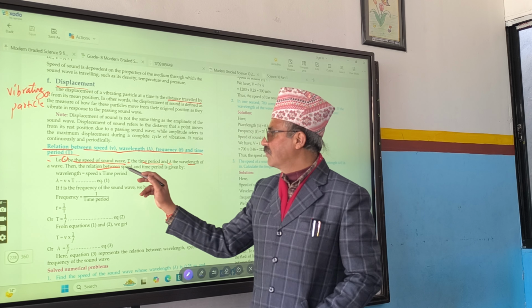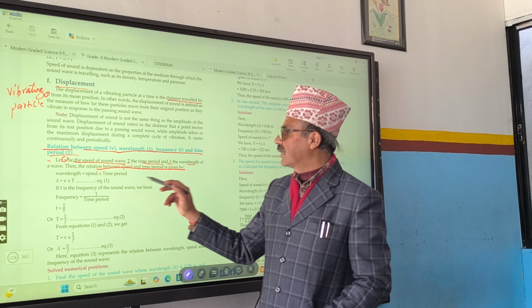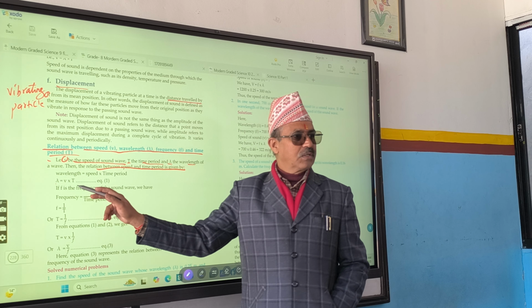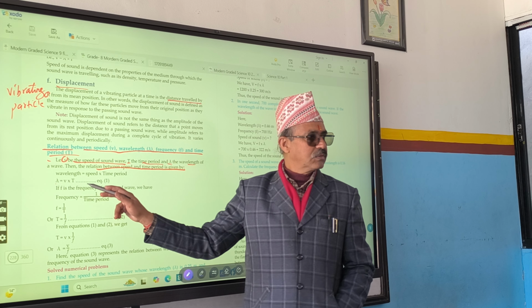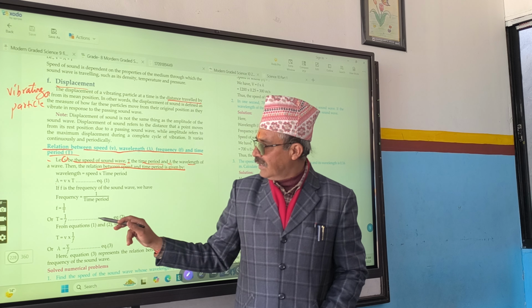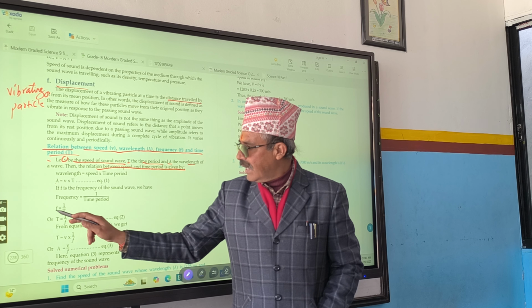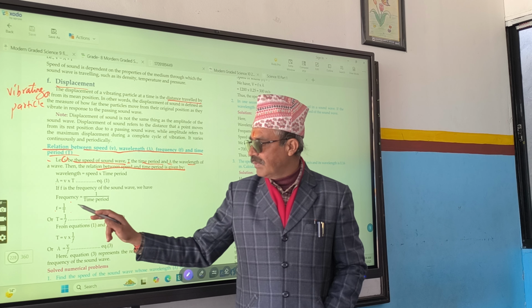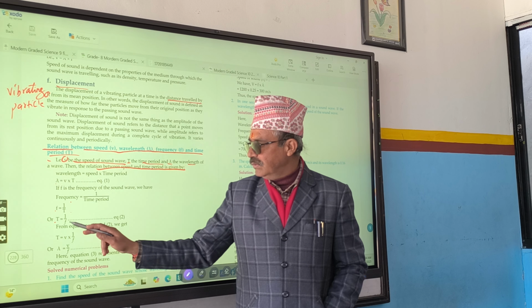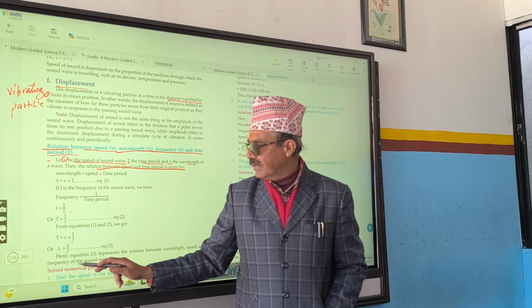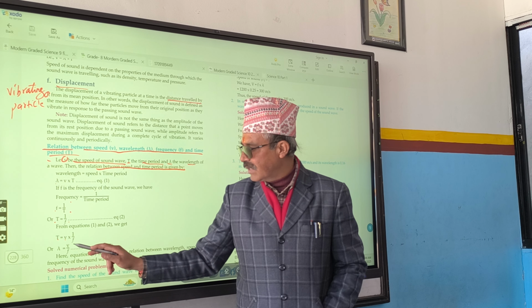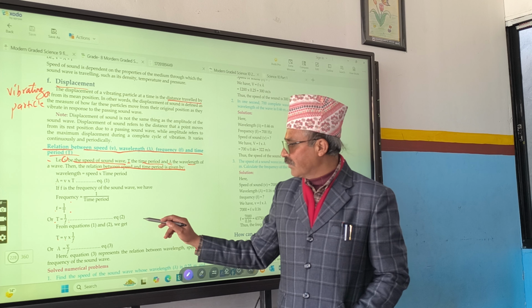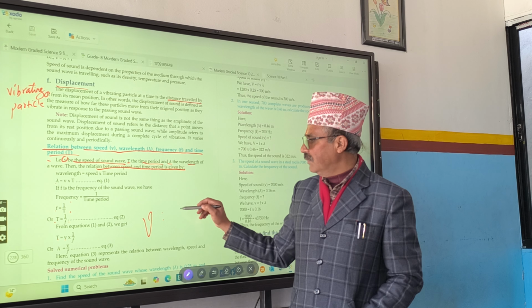Then the relation between speed and time period is lambda equals to V times T. Then F equals to 1 by T, T equals to 1 by F. And when you put T equals to 1 by F, lambda equals to V by F, or you can write V equals to what is here?